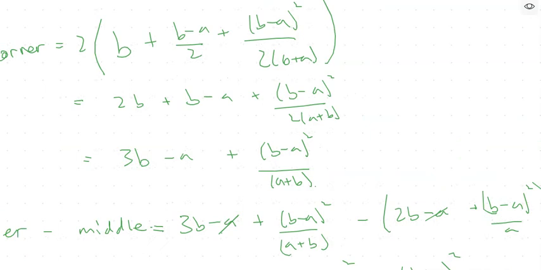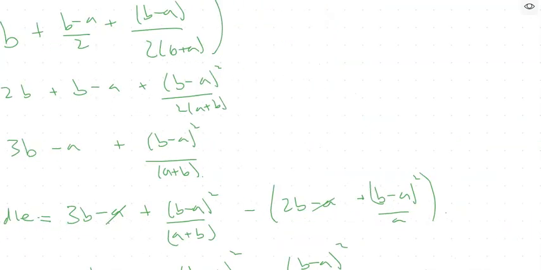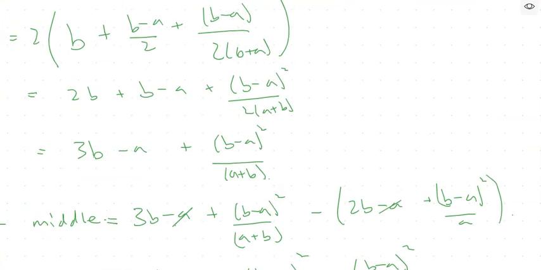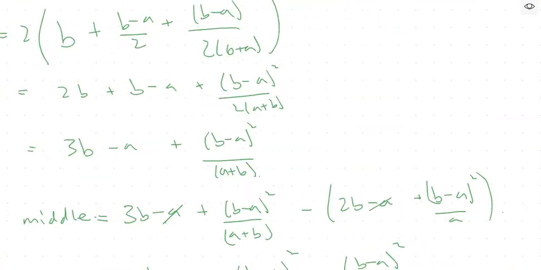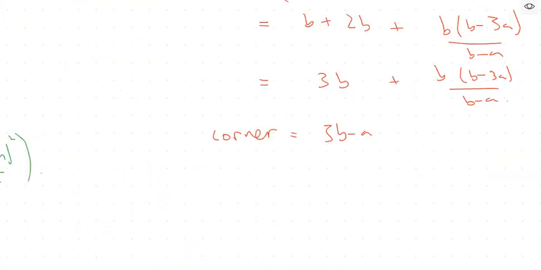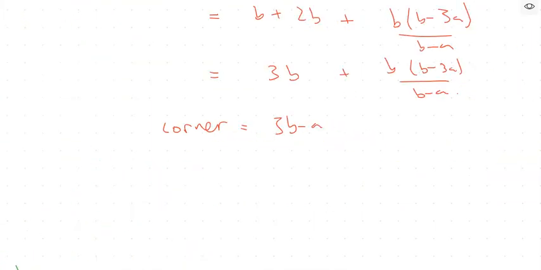So let's use the one from the corner. So it was 3b minus a plus b minus a all squared over a plus b.